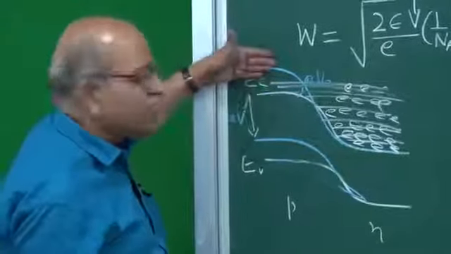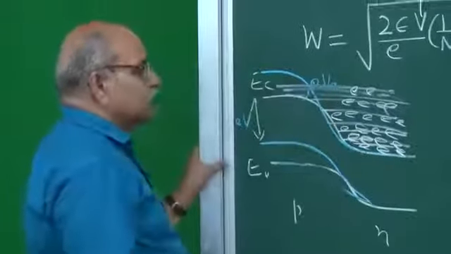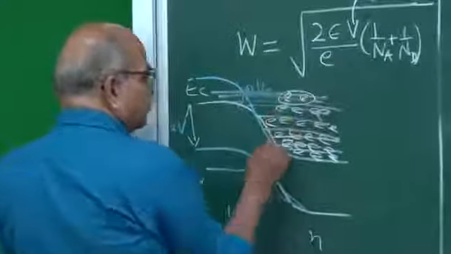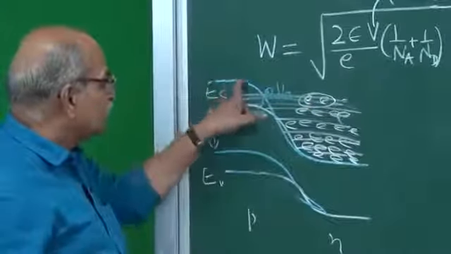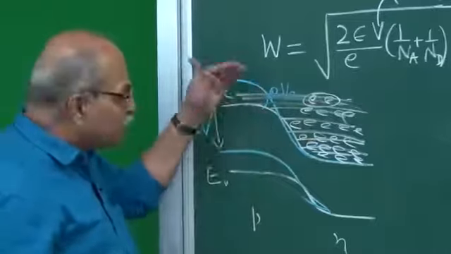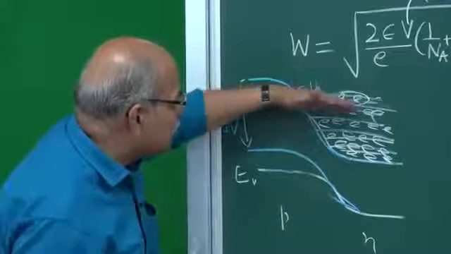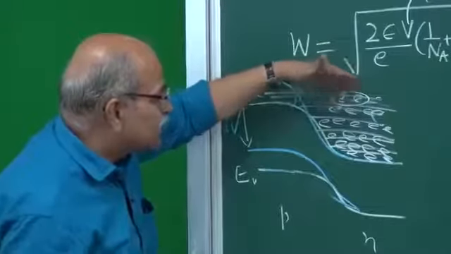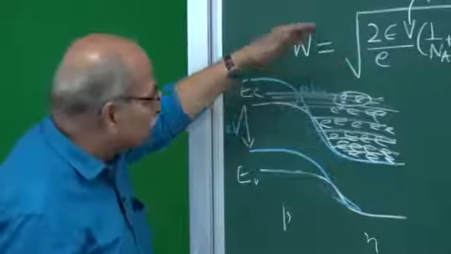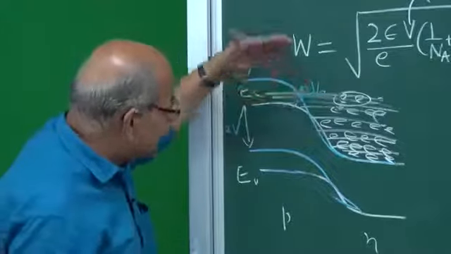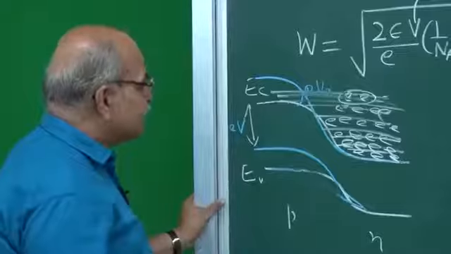And if you reverse bias, if you increase the barrier, then this diffusion will be further stopped. Originally when your EC was here, this could have gone, but now that EC is here, this will not go. So the diffusion will decrease drastically, because as you go up, the availability of electrons here falls drastically. So diffusion current will decrease drastically in this reverse bias.